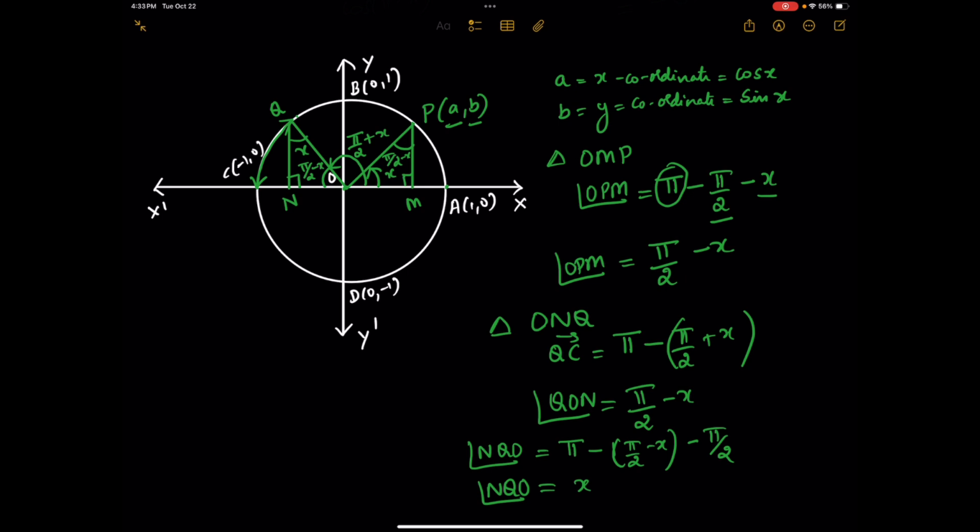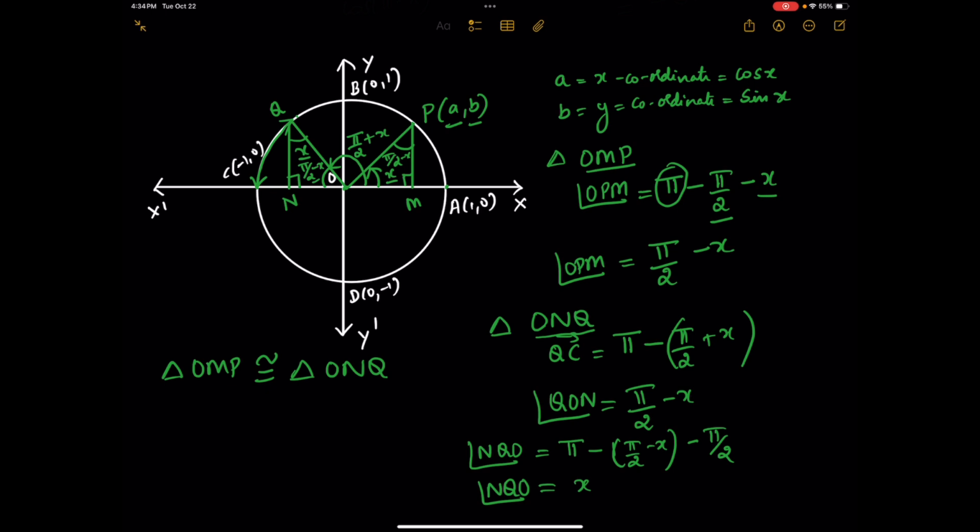Now if you notice, triangle OMP and triangle ONQ both have all the same angles. They have x, so x is available in this triangle as well as this triangle, and pi by 2 minus x is available in NQO as well as OMP. So we can consider triangle OMP to be congruent to triangle ONQ. So these two triangles are congruent.